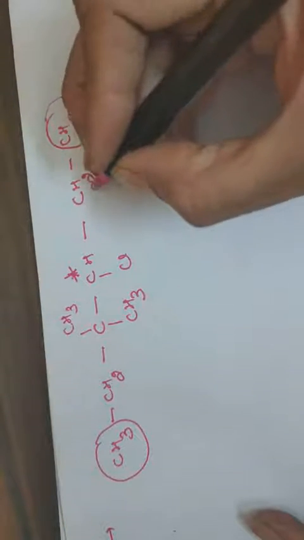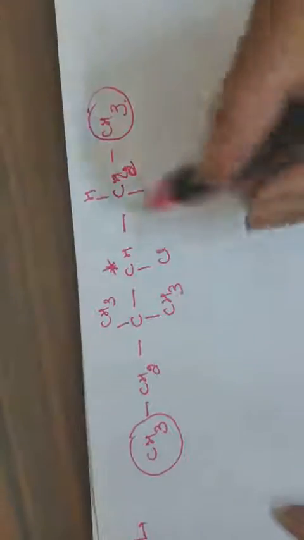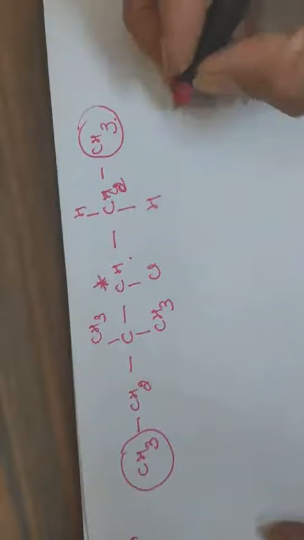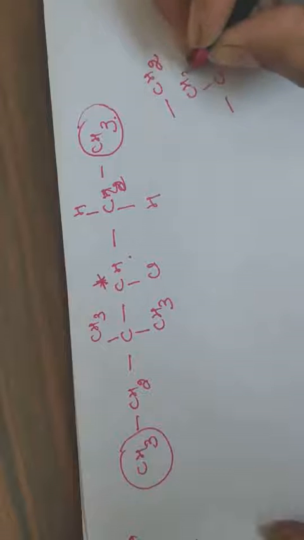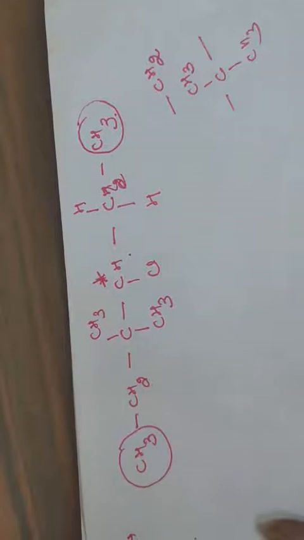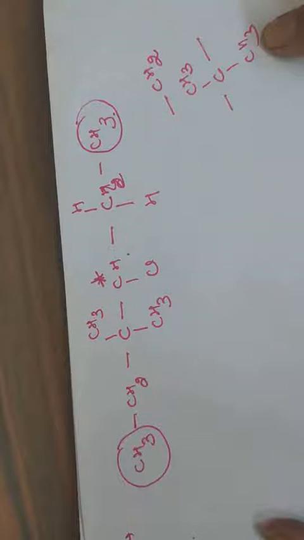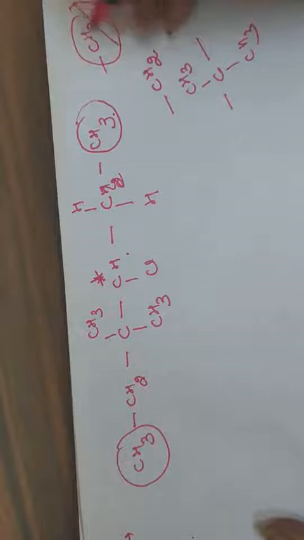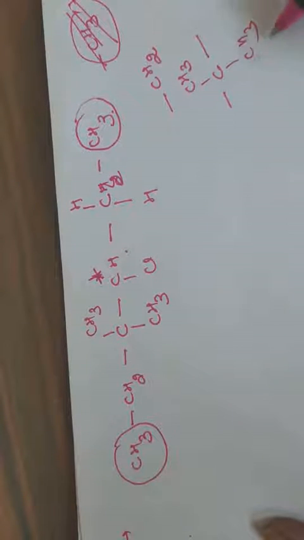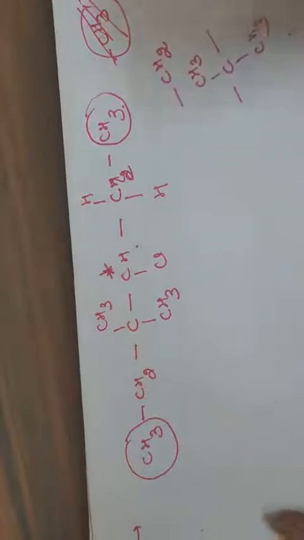So these two hydrogens we can write like this. Since there is a chiral center present, if you have a CH2 group, then you have to decide whether these protons will be diastereotopic or enantiotopic. If the group is CH3, then there is no doubt, all will give the same signal. But if you have CH2, then you have to decide whether these protons are identical or different.